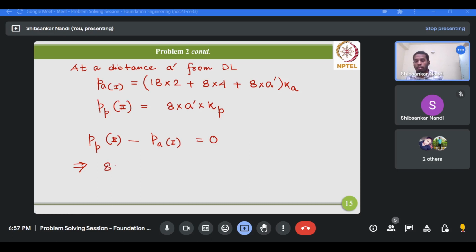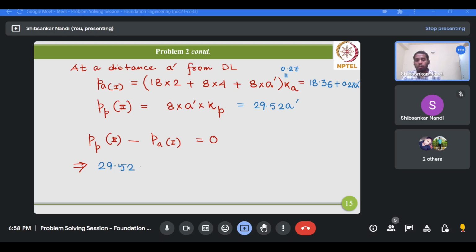Let me simplify here itself. The Ka value is 0.27, so 68 into 0.27 gives 18.36, plus 0.27 A prime. Here 8 multiplied by 3.69 A prime is 29.52 into A prime.